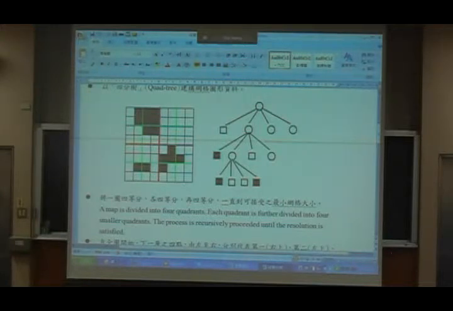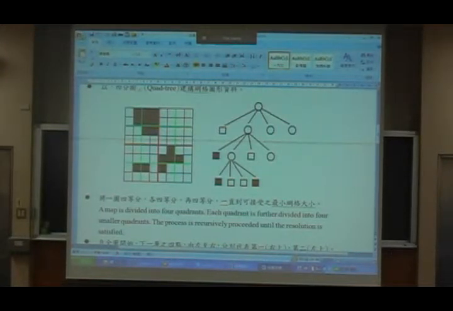In this quadrant, we have white and black, so we got another circle. And in quadrant 3, all the cells are white, so we got a white square.